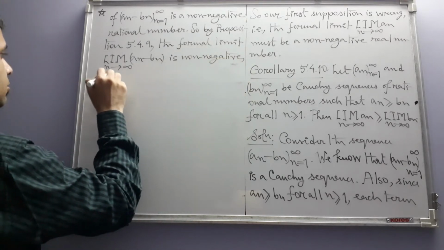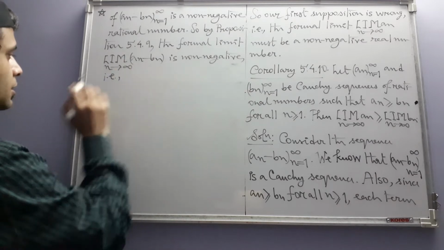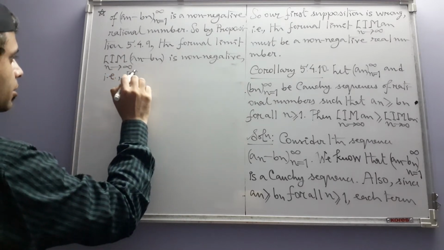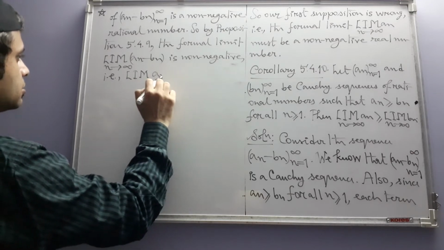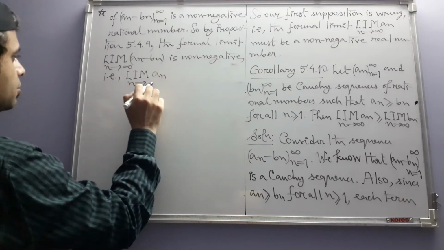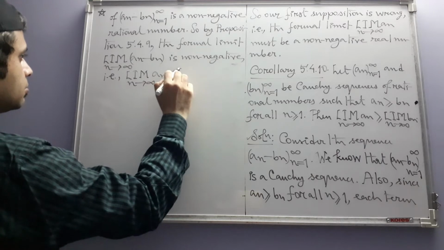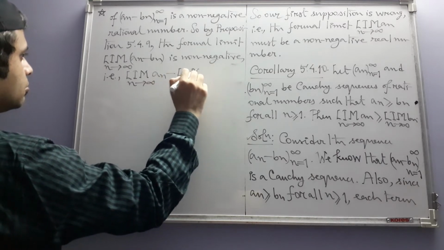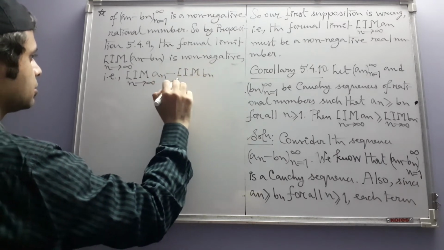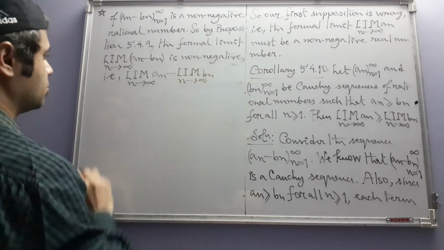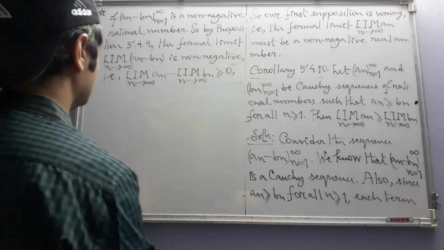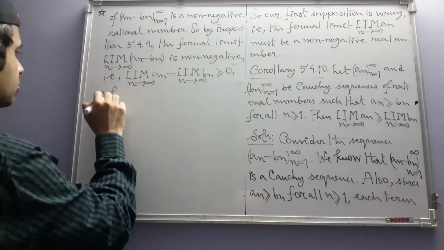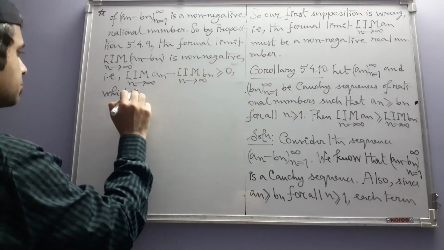That is, this formal limit, we have already seen this, is equal to the difference of these two formal limits, and this is greater than or equal to 0, which implies the result.